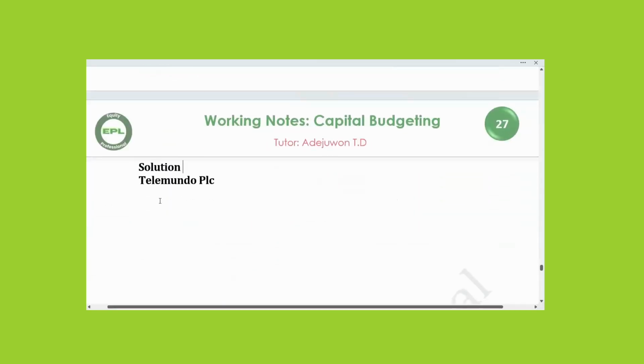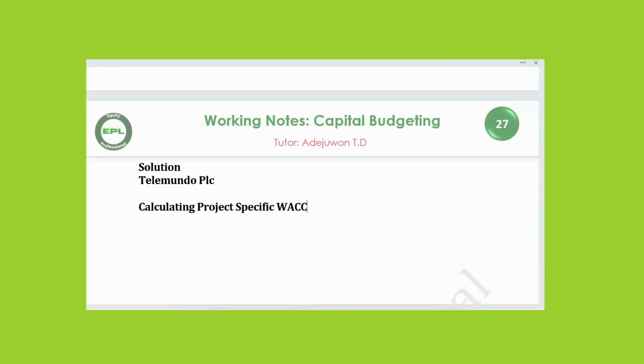All right, I will then say calculating project specific cost of capital. I'll simply say project specific WACC. And we said that to calculate project specific WACC, there are 5 steps you are supposed to carry out. The first step is to identify the proxy beta.